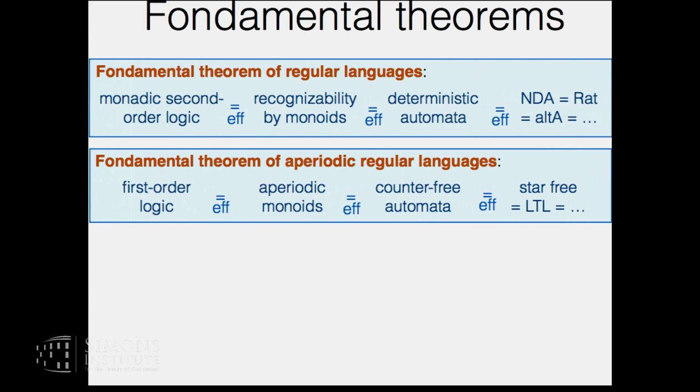And there is the second part, which is essentially the Schützenberger result and the McNaughton-Papert result, which says that if you furthermore restrict the monoids to be aperiodic, and the logic to be first order, then you have, again, perfect equivalence.